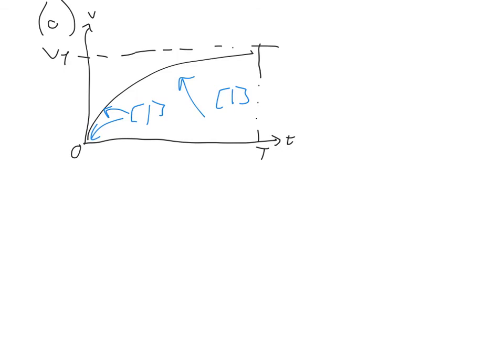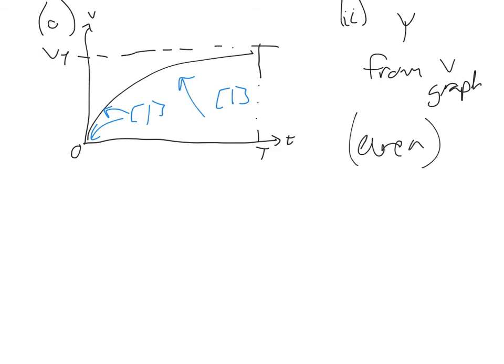Now what they asked for in part 2 is basically, if you had numbers, how can you figure out the distance that it traveled? So remember, if you're trying to find distance from a velocity graph, that means area.